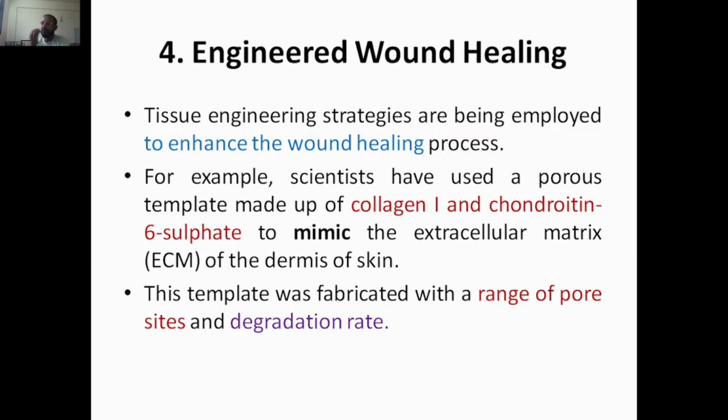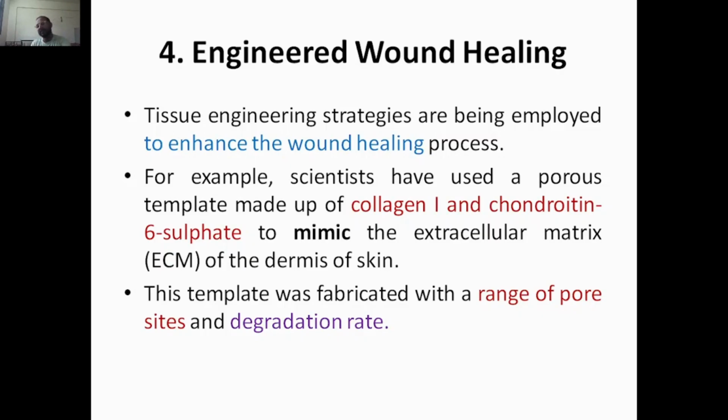In order to mimic that function, the scientists developed the template, made up of collagen 1 and chondroitin 6 sulfate, which was successfully used to mimic the extracellular matrix of the dermis of skin. That means this porous template acted as extracellular matrix or scaffold, what we discussed in the previous chapter.